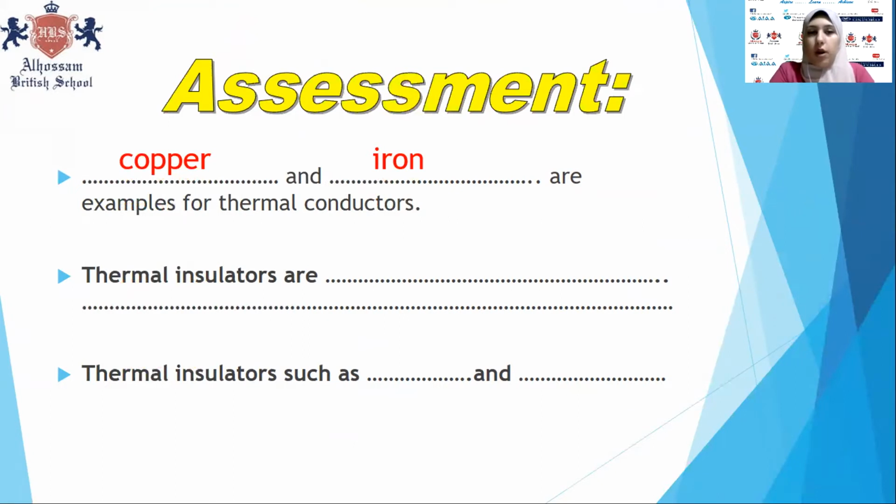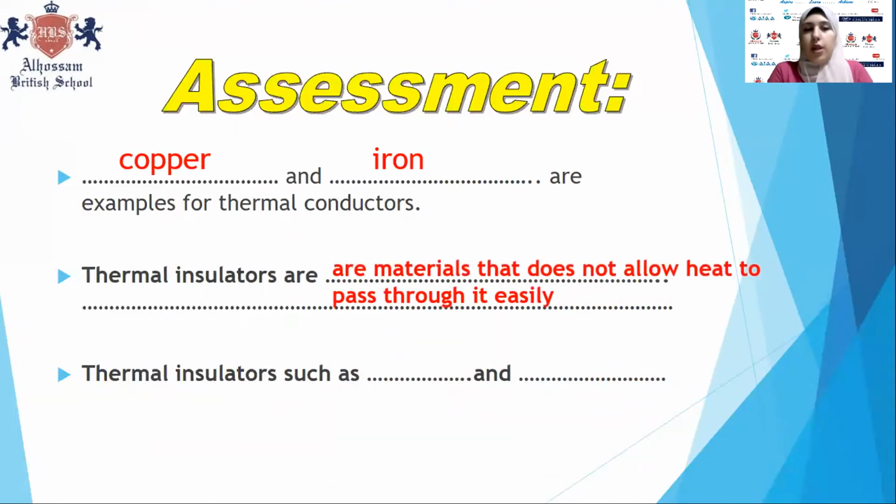I want you to write the definition of the thermal insulators. Explain. What are the thermal insulators? Perfect. Great job. Thermal insulators are material that does not allow heat to pass through it. Okay. What are the examples of the thermal insulators? Thermal insulators such as what? Perfect. Plastic, rubber, and wood.